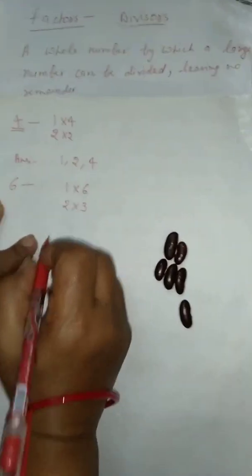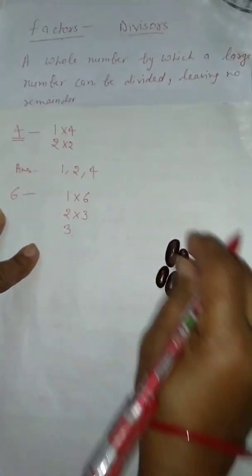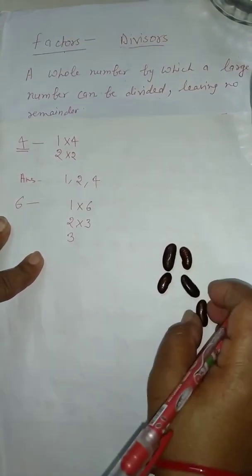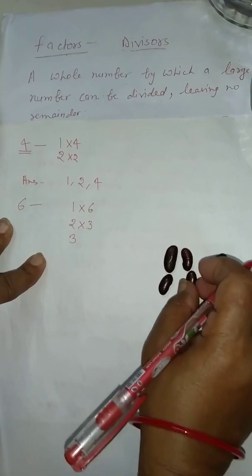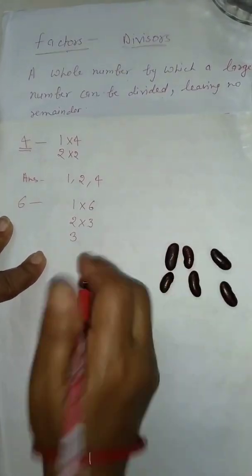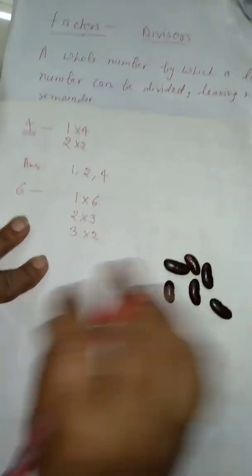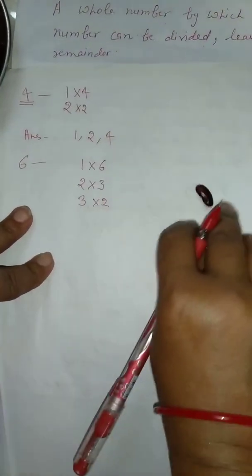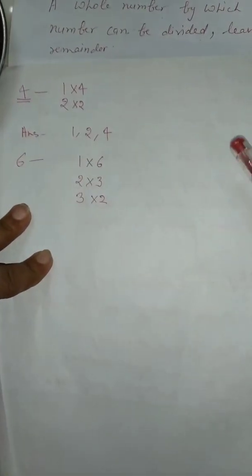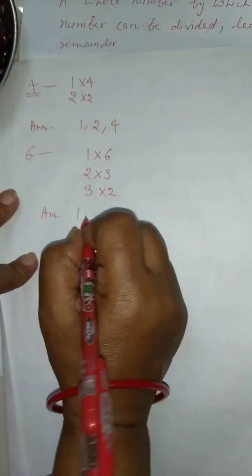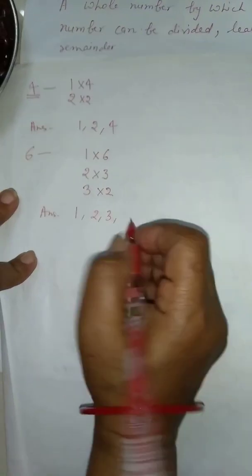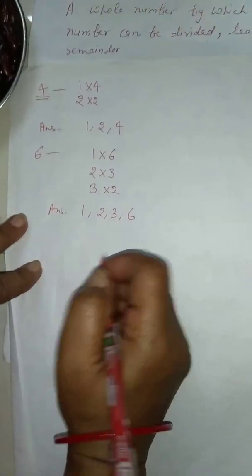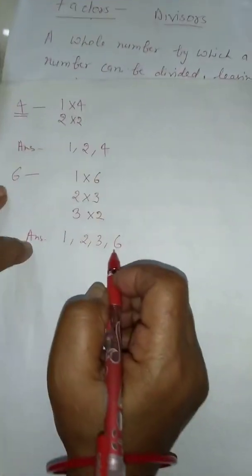Now third, 3 into 2. Okay, now there is no other method by which we can arrange these students. So what are the factors of 6? 1, 2, 3 and 6. Okay, these are the factors of 6.